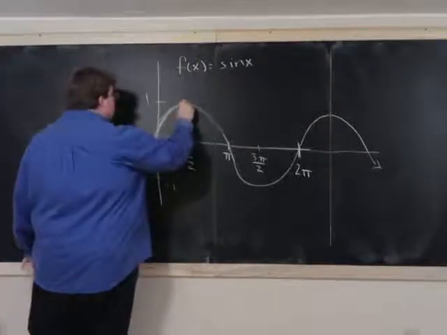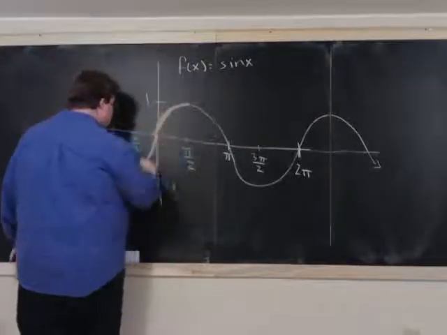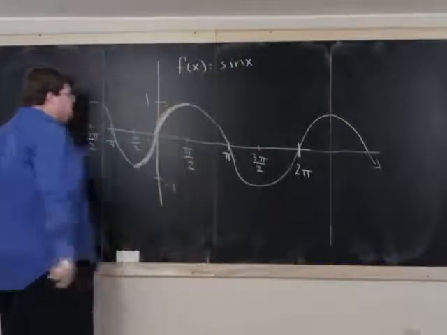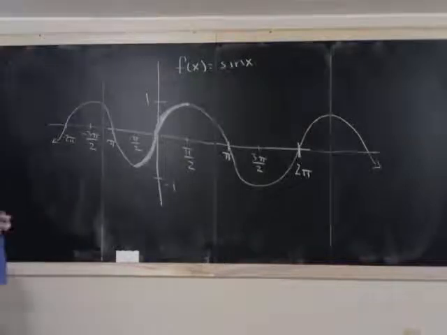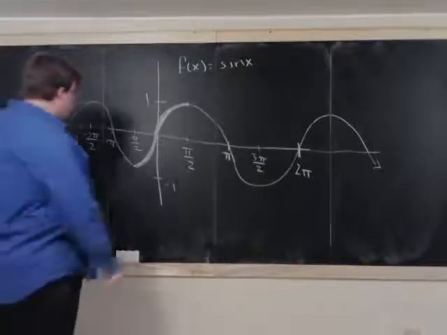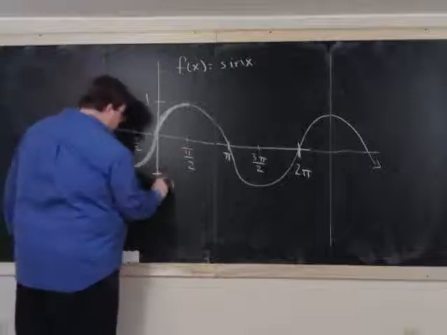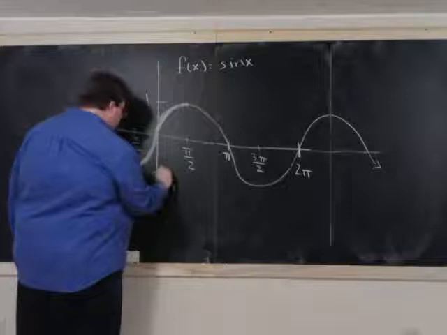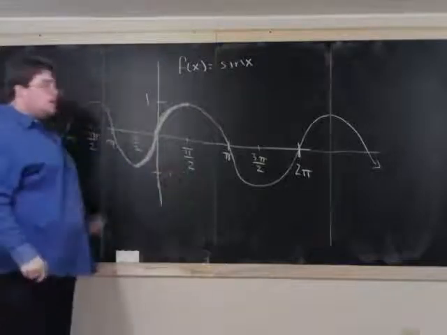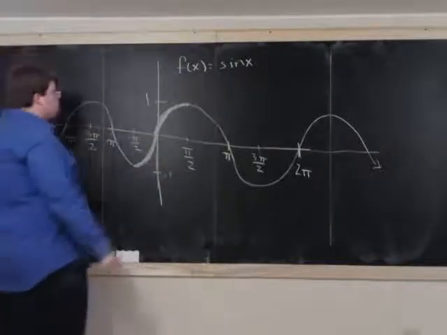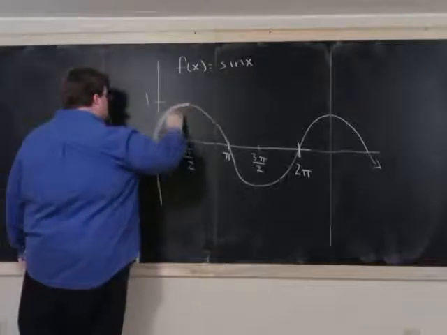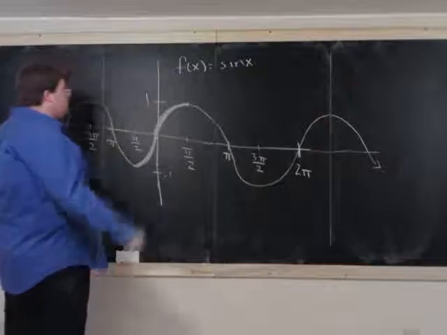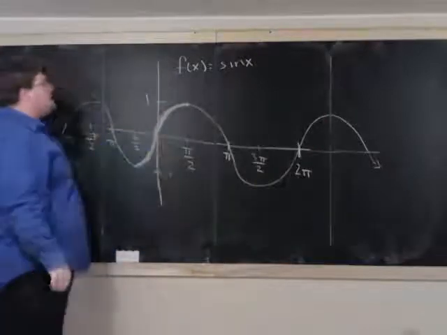From down there to up there, our goal is to define the inverse sine function, which means we need a piece on which the horizontal line test is satisfied, and we would like it to also hit all values between 1 and negative 1. Right here, that hits all values between 1 and negative 1, and it satisfies the horizontal line test.